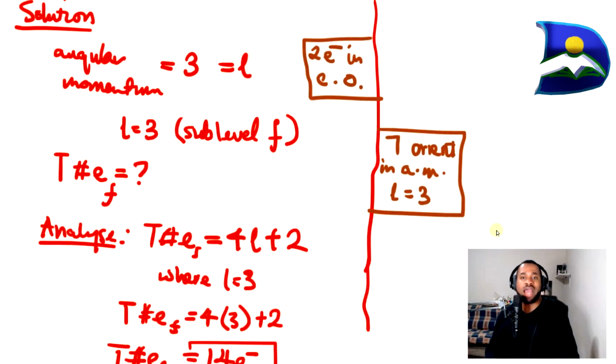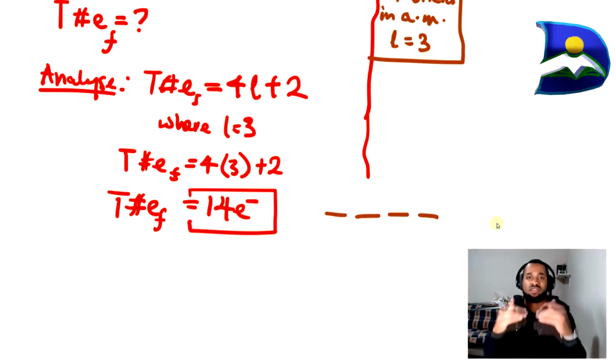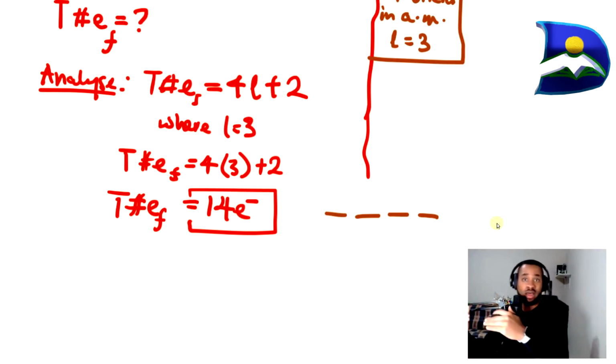Therefore, we can put them all at the same energies because they are all coming from the same shape, which means that if you are coming from the same shape or the same sublevel, your energies will be equal. And so each orientation will have the same energy.